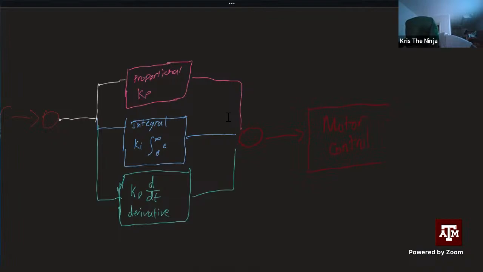Which then will have feedback into our reference.